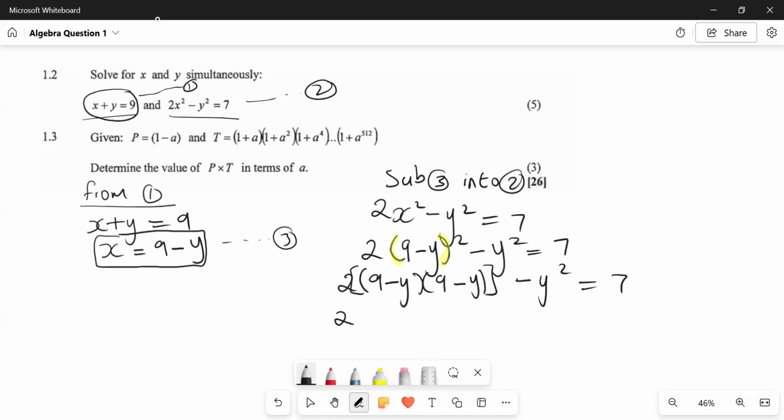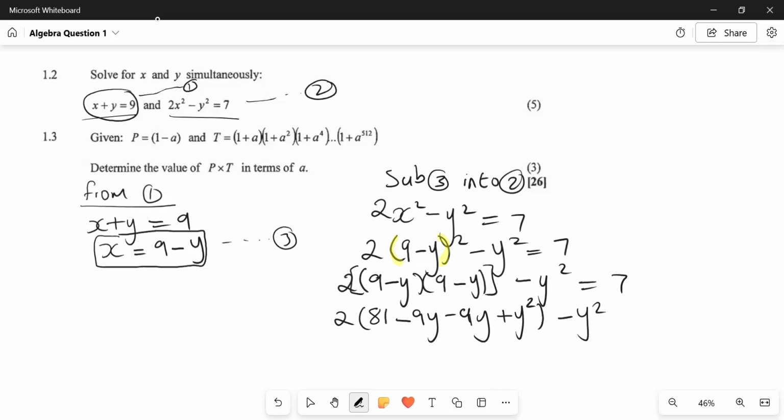And then from here, 9 times 9, that's just 81, minus 9y, minus 9y, positive, negative y times negative y, that's positive y squared, minus y squared equals 7.